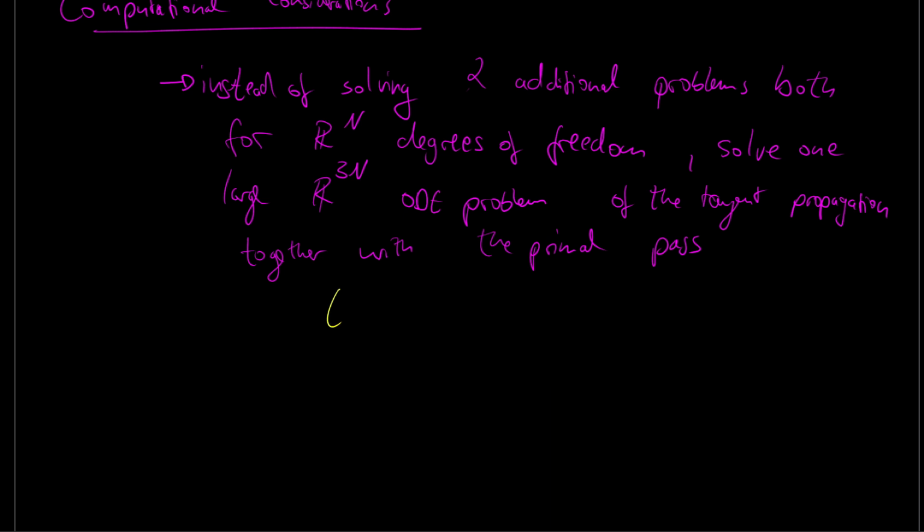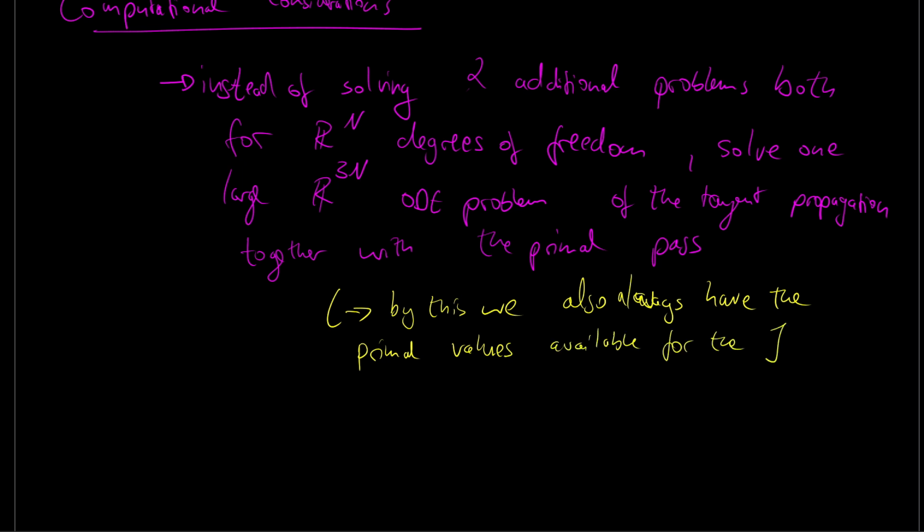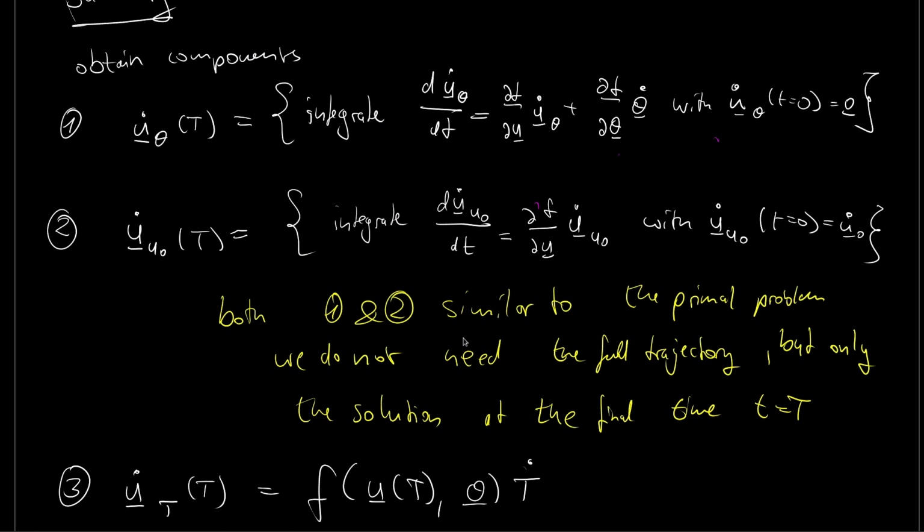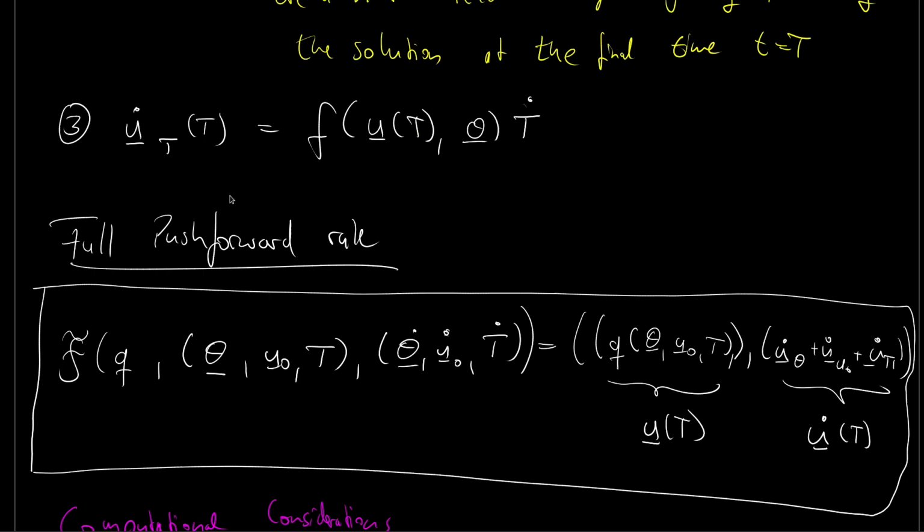And as a side motivation, next to maybe reducing the number of calls to our wrapper solver, we also always have the primal values for the Jacobian vector product available. So this is meant with the Jacobian vector product of the right-hand side of the ODE. So these here, the one with respect to u, which appears in both ODEs, and the one with respect to theta, which only appears in the tangent propagation for the theta vector.